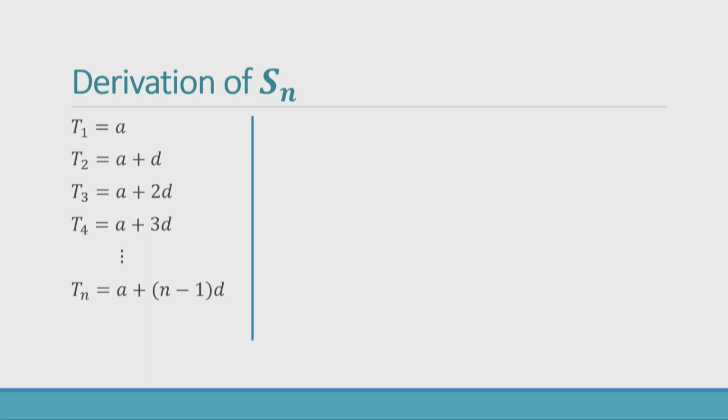Now, let us have a look at S1. S1 means the sum of the first term. That is, S1 will be equal to T1, which is equal to a. Now, S2 means the sum of the first two terms. That is T1 plus T2, which is a plus (a plus d), which gives us 2a plus d.